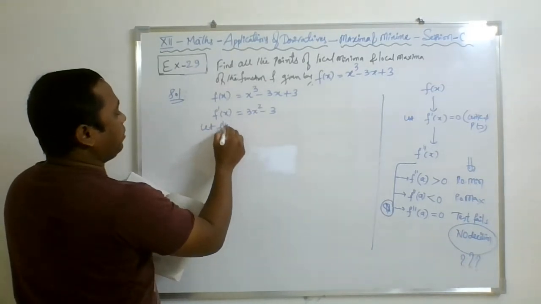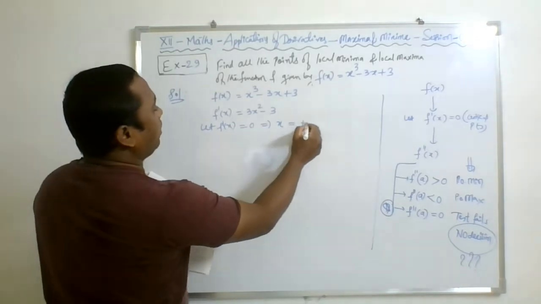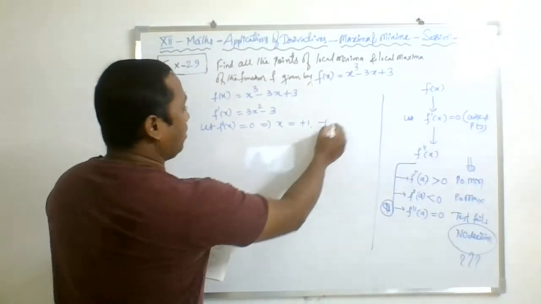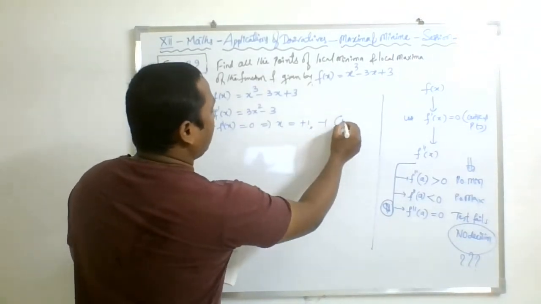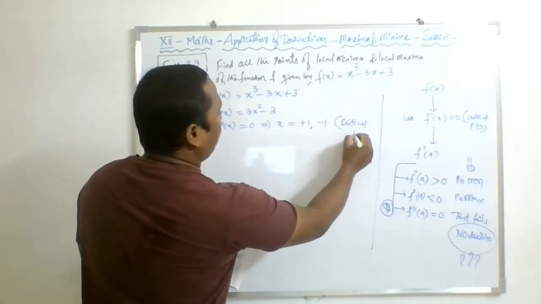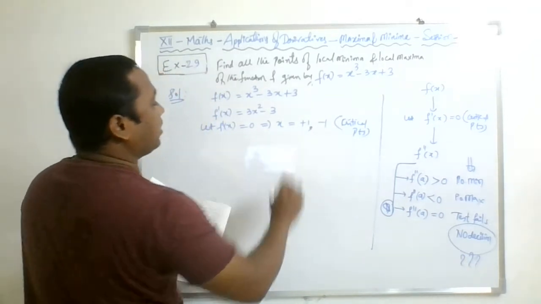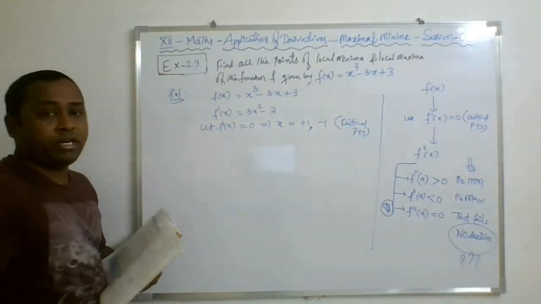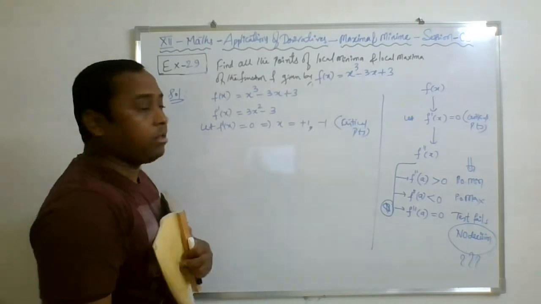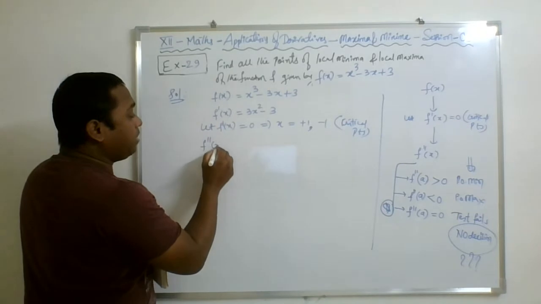Let the derivative of the function equal 0, where x is equal to plus 1 and minus 1, which we call critical points. And we need to check whether this critical point or turning point is a point of maxima or a point of minima.